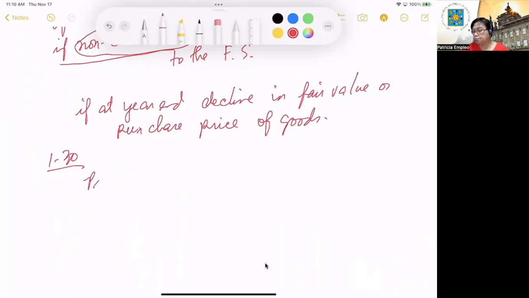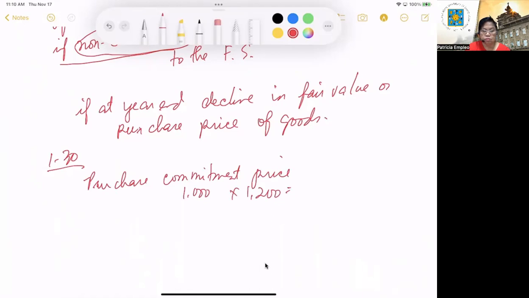So the committed price is 1,000 sacks at 1,200,000.